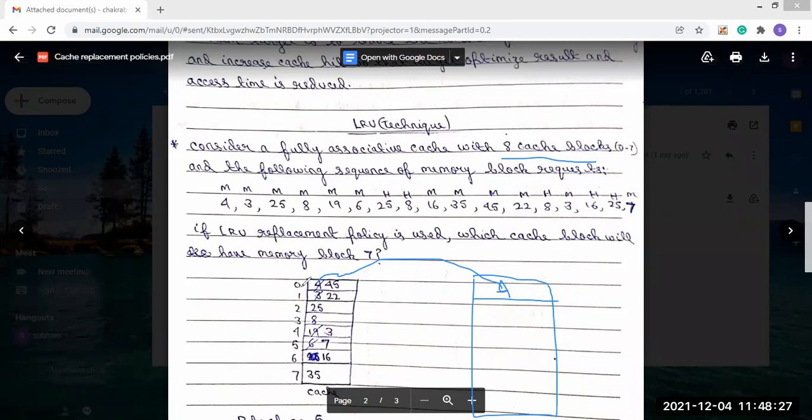Why is it placed at 0? Because we have used a fully associative cache, and fully associative mapping means we can move any block anywhere. There is no k mod n constraint, so any block can be accommodated in any position.